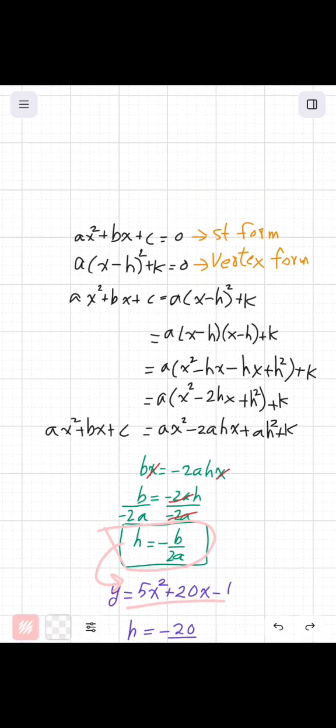So basically, the equation in standard form and the equation in vertex form, I set equal to each other, both the equations, and solve for the right hand side. I solve the right hand side by expanding x minus h whole squared.